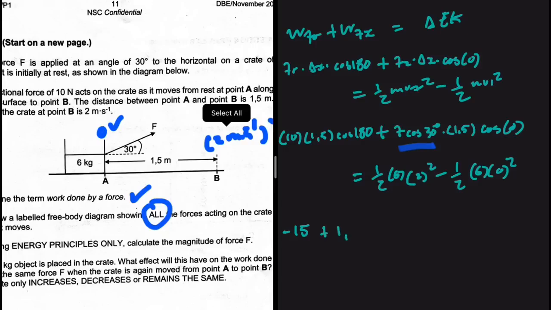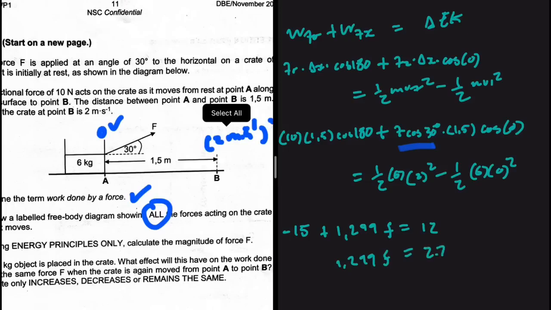plus 1.299F being equal to, so right hand side, 1 over 2 multiplied by 6, 2 squared, minus 1 over 2 multiplied by 6, 0 squared. This is 12. So 1.299F is equal to 12 plus 15, which is 27.